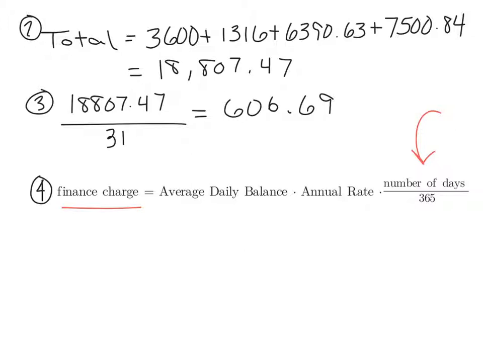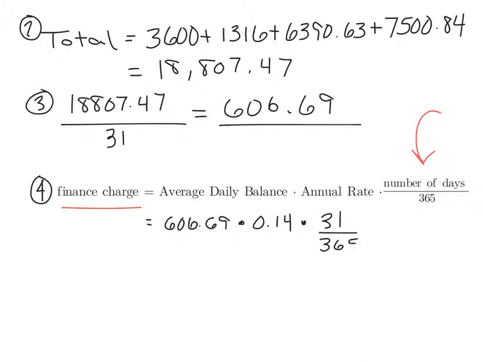We take the average daily balance we just found, $606.69, and multiply it by the annual interest rate, 14%, which written as a decimal is 0.14. Then we multiply by the number of days in the billing cycle, 31, divided by 365.